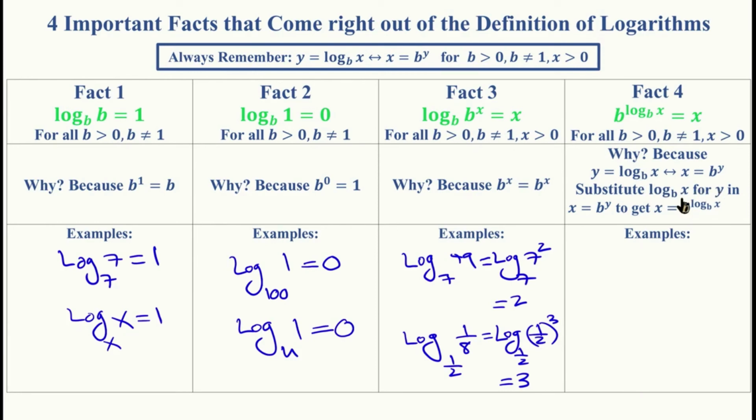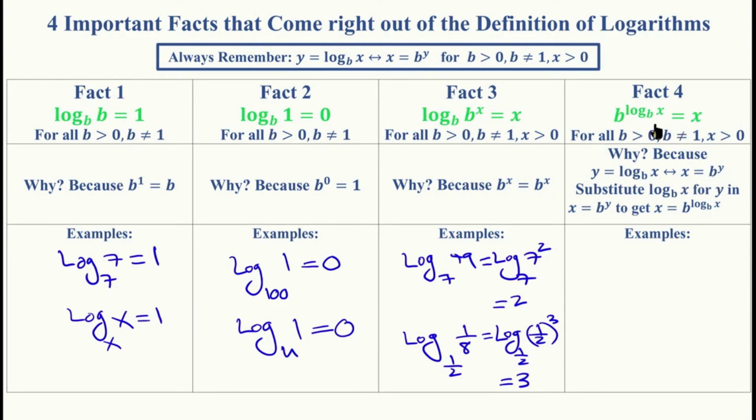it makes total sense, because we're saying b to the power of log base b of x is x. Well, look, just from a purely substitutional point of view, remember this basic equation that we've been using all video, right? Notice that we say y equals log base b of x on this side, and on that side we have x equals b to the y.